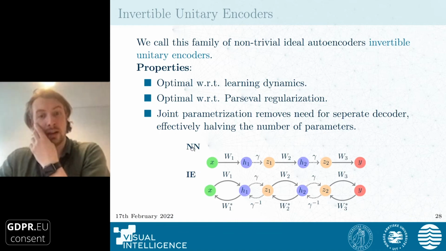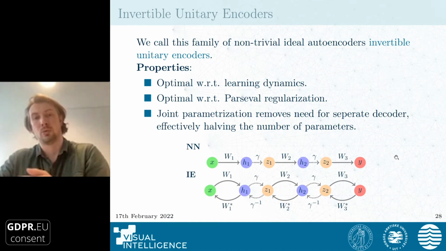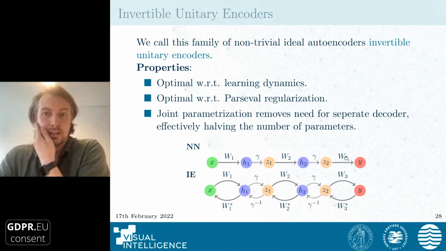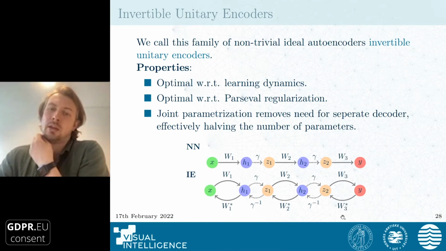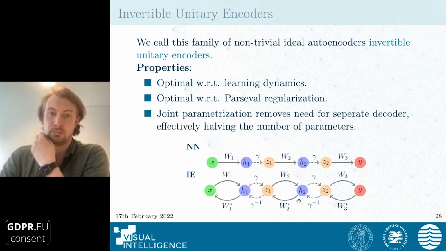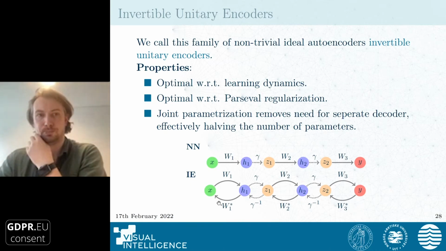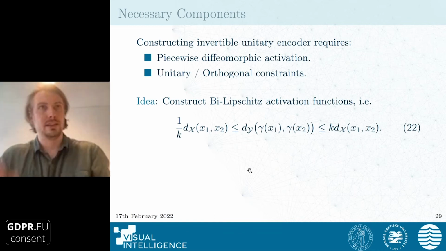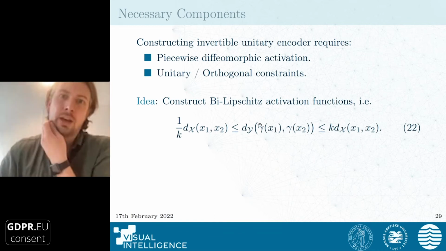So the difference between a standard neural network and an invertible encoder is that given a standard feed-forward stacked neural network of this form, we can use the transpose or the adjoint of each weight to reconstruct our inputs. To construct these, we need some components.